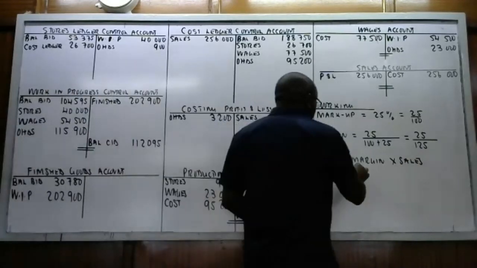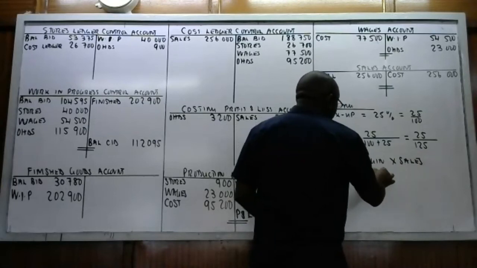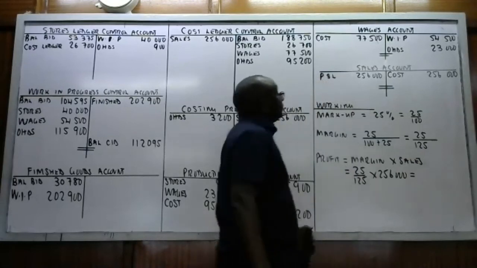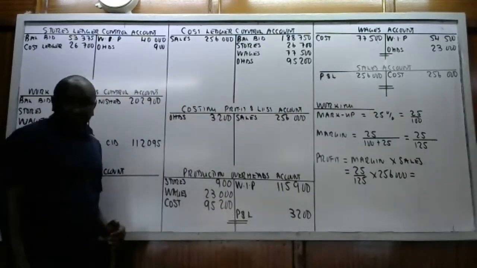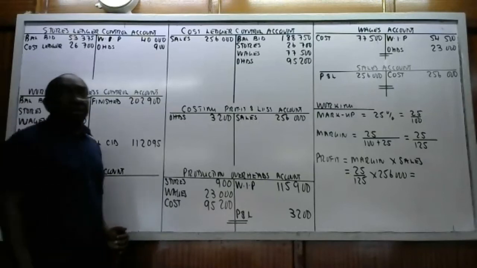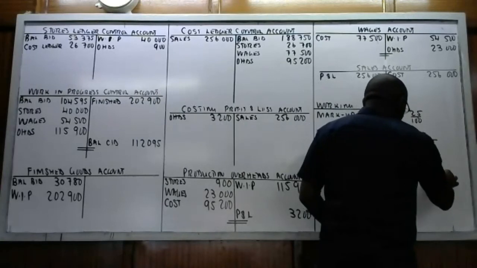So this will be 25 out of 125 times 256,000. That is 256 times 25 divided by 125. We're getting 51,200.